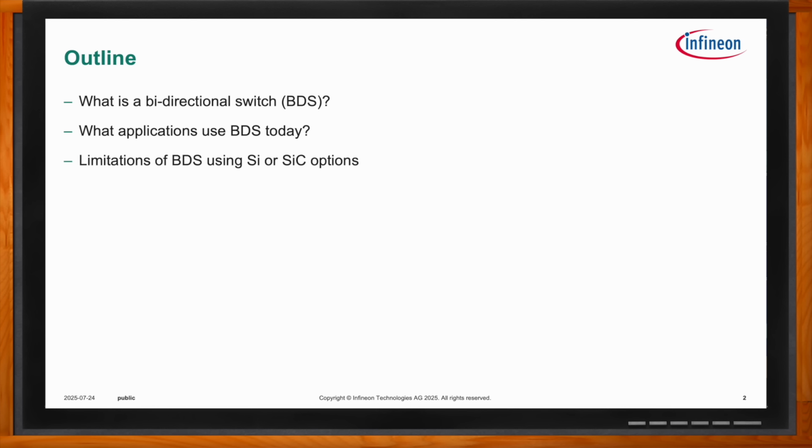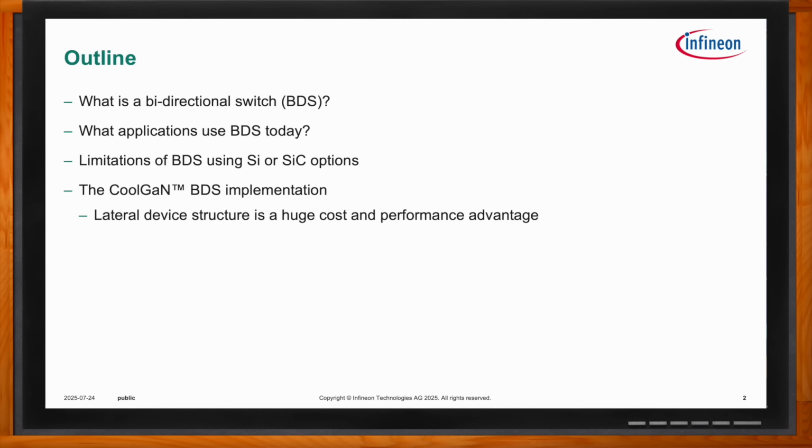Then we'll talk about how we make a GaN BDS implementation, because I can also use two discrete GaN devices, as you'll see shortly. But there's a better approach, which is essentially a monolithic device that is smaller and lower cost that makes this a very attractive option. So we'll go over that, the applications that we're seeing trending for the bidirectional switch, and then we'll talk about where the future might take us.